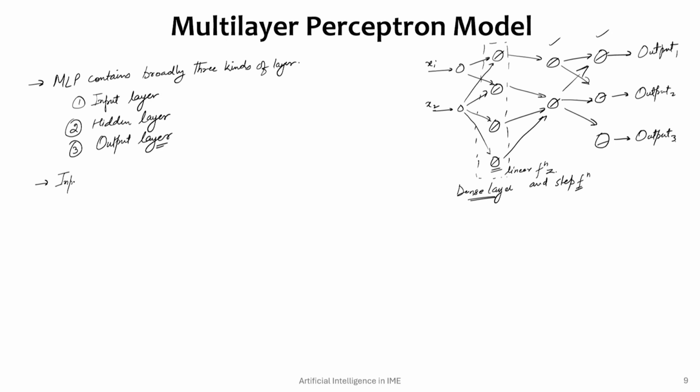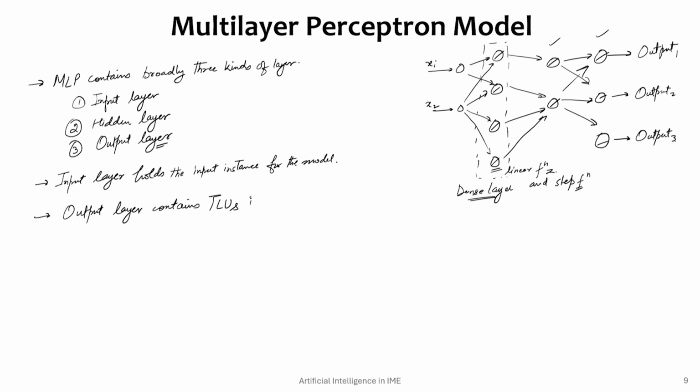So the input layer holds the input instance for the model. The output layer contains TLUs in a single layer.